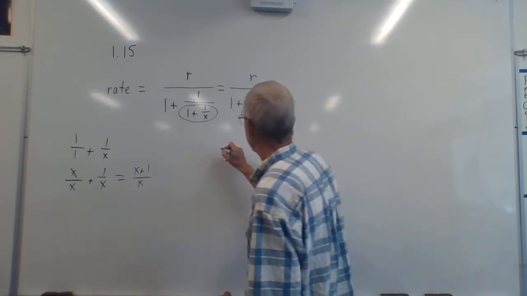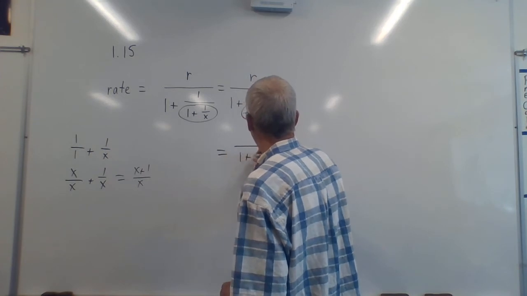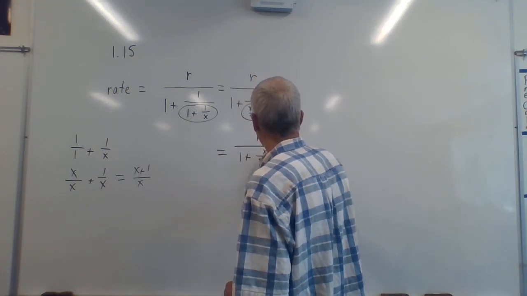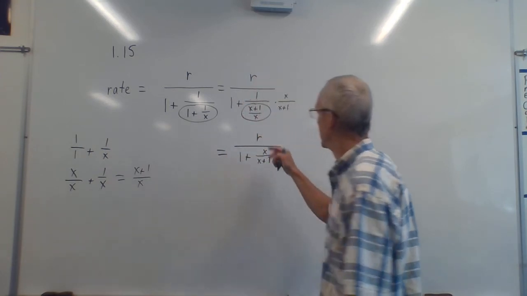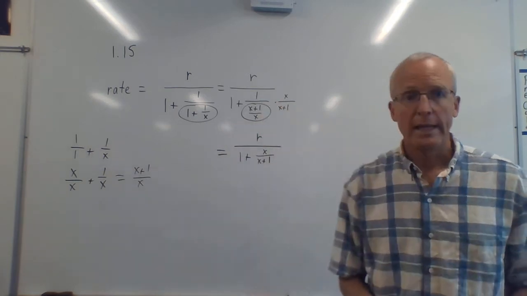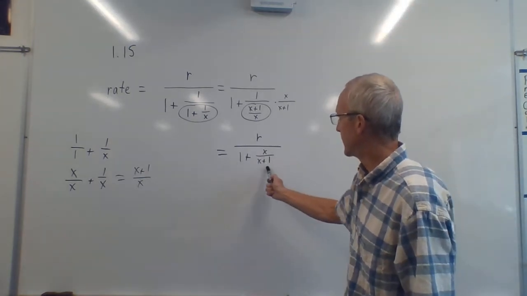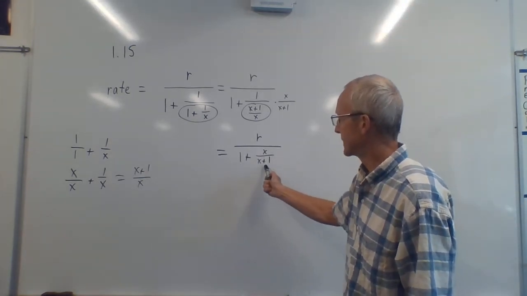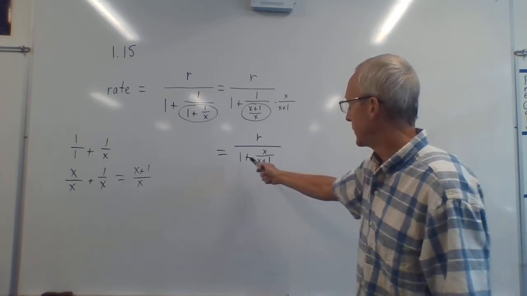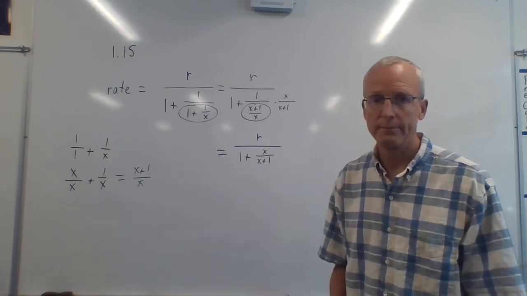Okay, so let's rewrite this now. This is r over 1 plus x over x plus 1. Put the bottom on the top so that we have that. Now we do the same thing again. We have to find a common denominator to add the 1 to this. Now the common denominator is x plus 1. 1 is the same thing as x plus 1 over x plus 1.